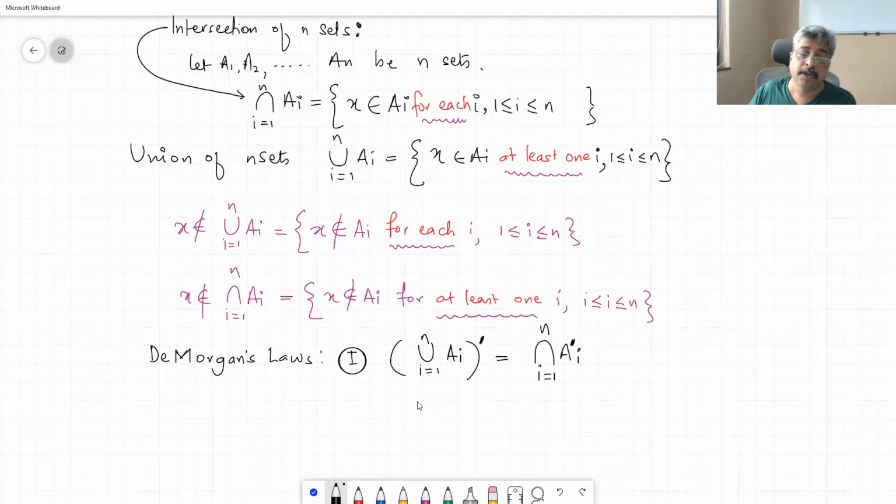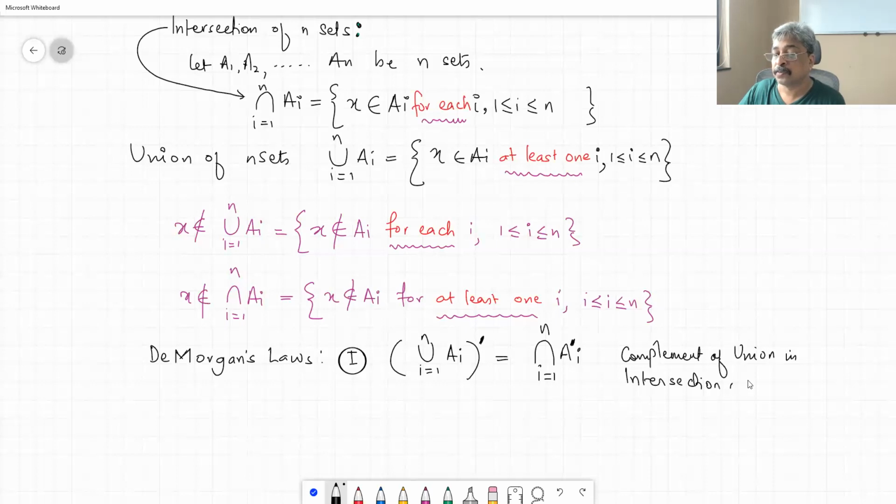Do you understand this? You are taking complement of union is equal to intersection of complements. Complement of union is intersection of complements. Now you are supposed to prove this, and I give you sufficient time.